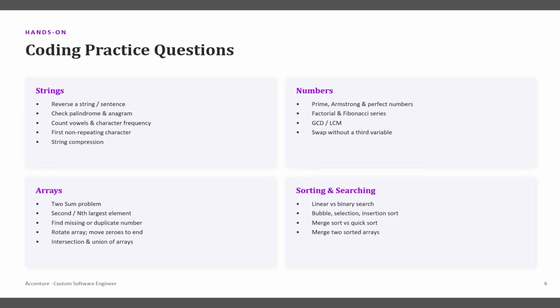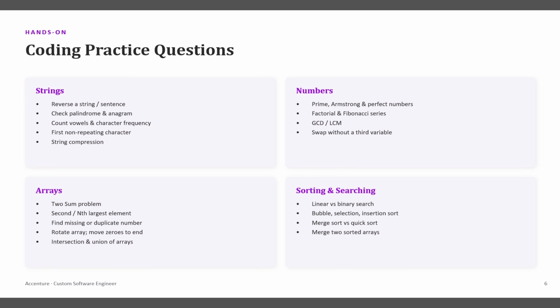Bucket 3. Arrays. The two-sum problem. This comes up constantly. Finding the second or nth largest element, finding a missing or duplicate number, rotating an array, moving zeros to the end, and finding the intersection or union of two arrays. Bucket 4. Sorting and searching. Linear search versus binary search.